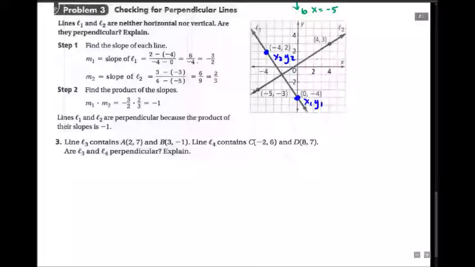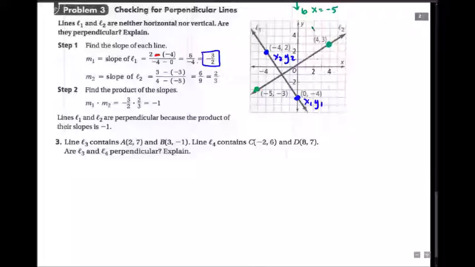2, don't forget, this is a minus, and our y1 is a negative 4. Minus minus is plus plus, over a negative 4 minus 0, and we get a slope for line 1 of negative 3 over 2. And then we go to line 2. Here are our points. They do 3, 4.